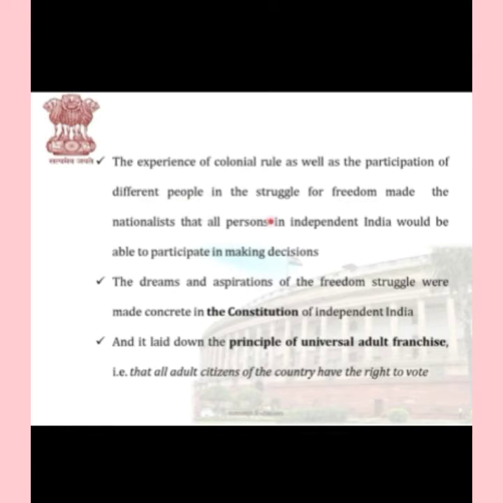Okay, the dreams and aspirations of the freedom struggle were made concrete in the Constitution of Independent India, and it laid down the principle of universal adult franchise. That is, all the adult citizens of the country have the right to vote. The people who are above 18 years of age have the right to vote.